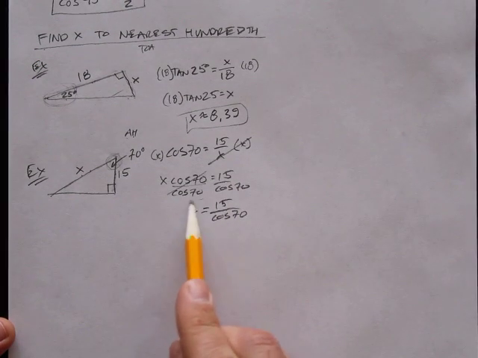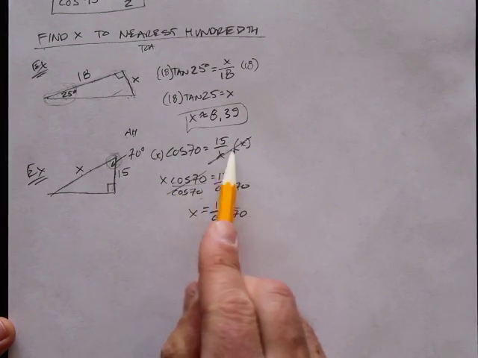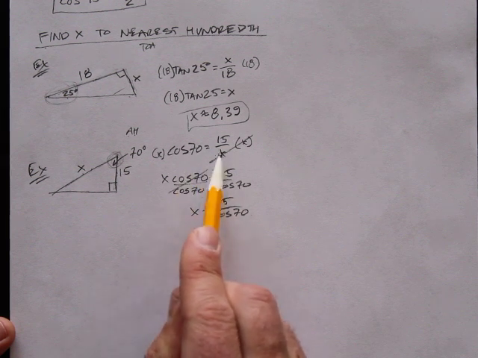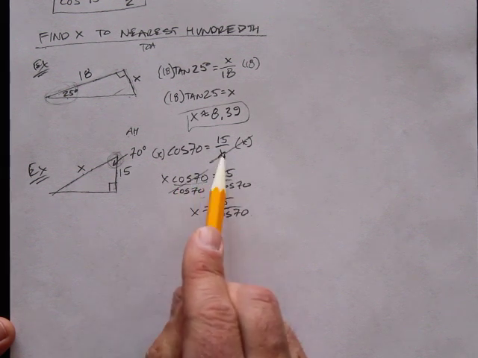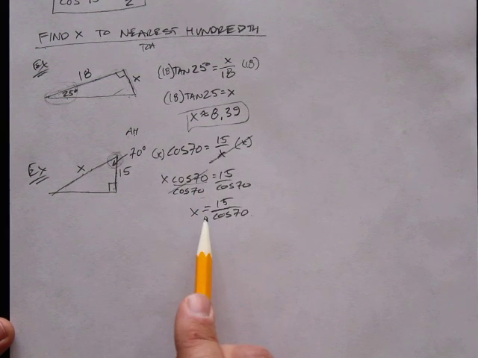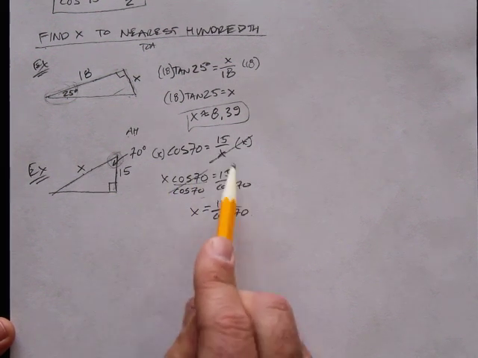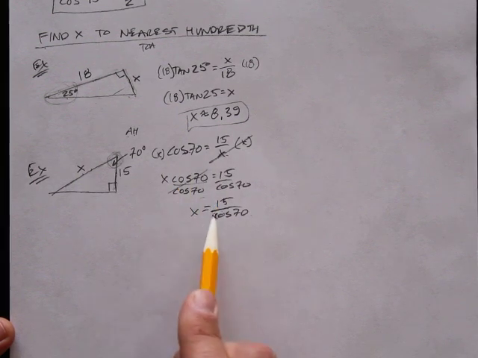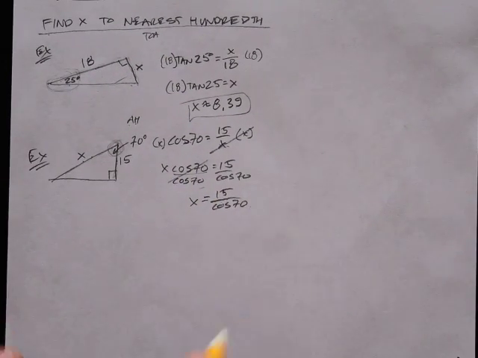Now notice here, this and this are similar. All I did was I swapped x and cosine of 70 here. I used algebra to do it.